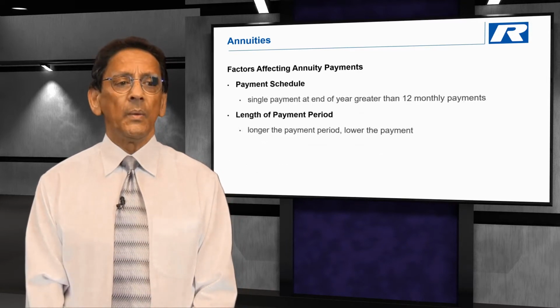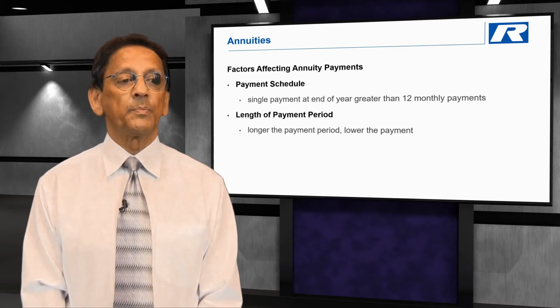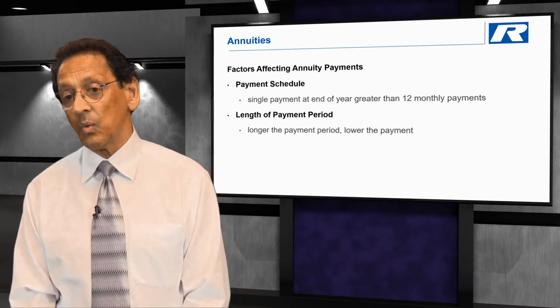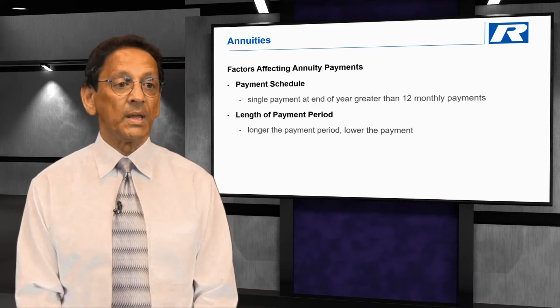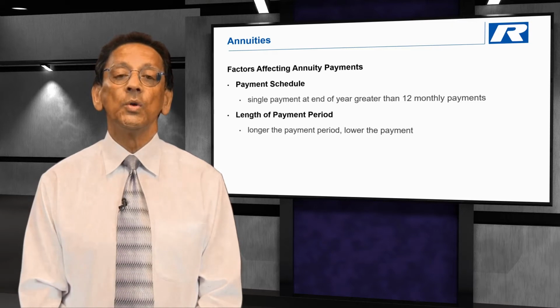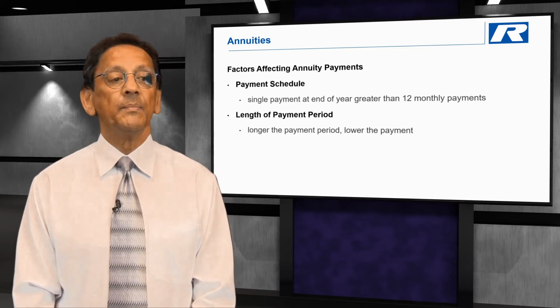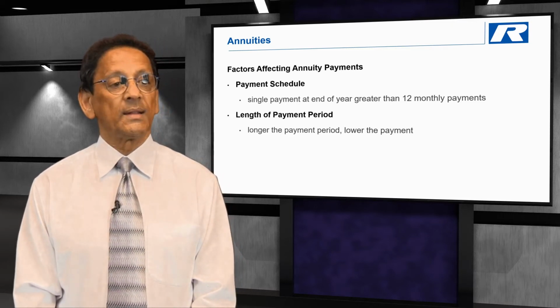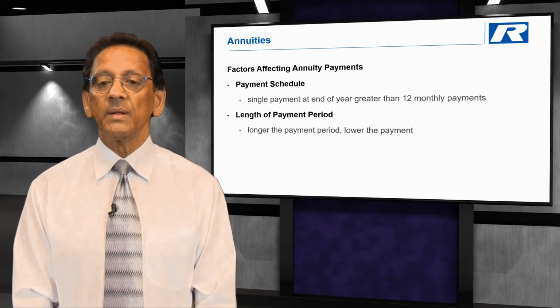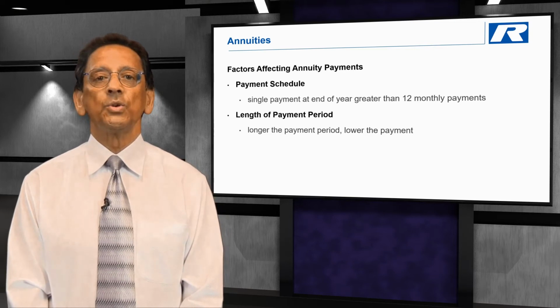Payment schedule, well, you can receive your payments at the beginning of the period, or you can receive it at the end of the year, one payment, or you can receive it monthly. And so you have the flexibility and the choice to pick when you want to receive your money. And in addition to that, obviously, the length of the payment period will impact how much you can get paid.